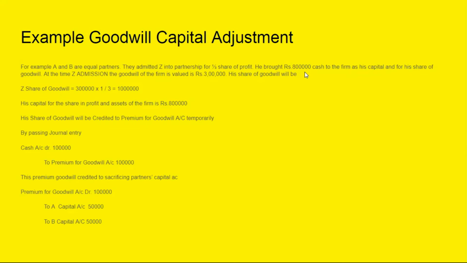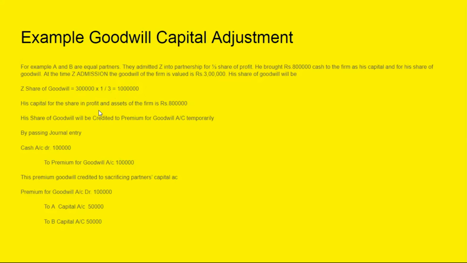That means 7 lakh is the capital and 1 lakh is for his share of goodwill. At the time of Z's admission, the goodwill of the firm is valued at 3 lakh. His share of goodwill we have to calculate: total firm goodwill value into 1/3. So 1 lakh will be the share of goodwill of Z.